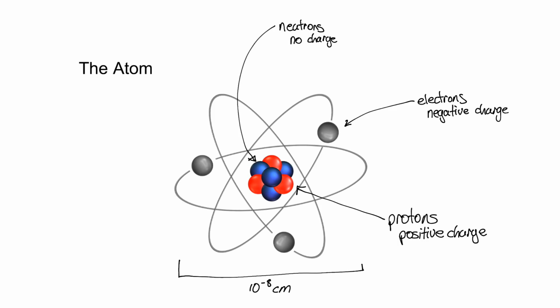However, the nucleus itself, this part in here, the middle part, that is between 10 to the minus 12 to 10 to the minus 13 centimeters. Because atoms are so small, we don't use the regular kilos or grams with it.